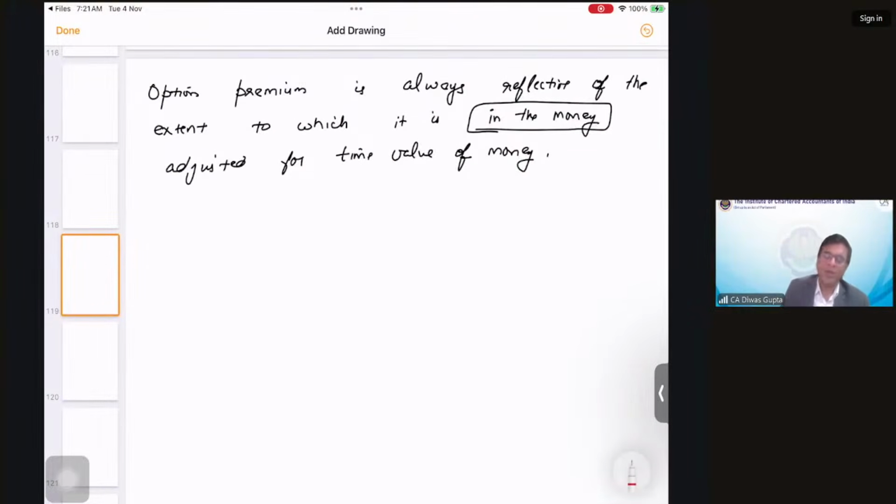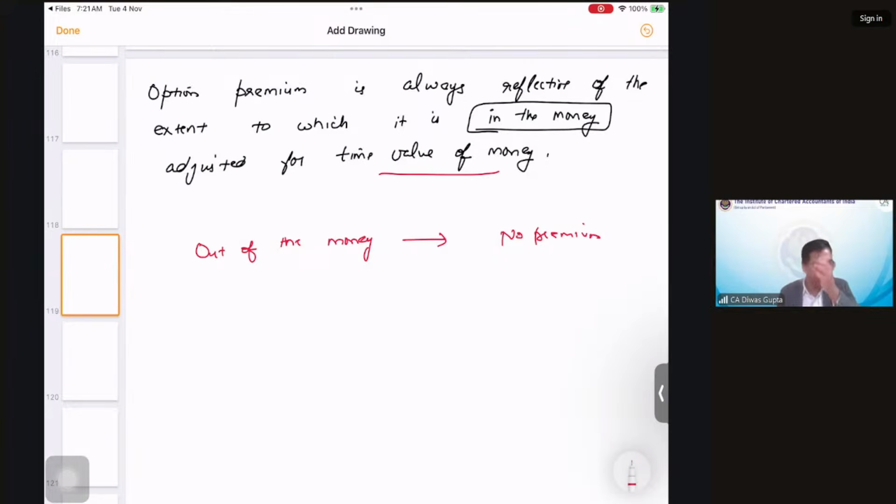Now, one more point. Option premium is always reflective of the extent to which it is in the money, adjusted for time value of money. So students, till now, you would have been able to make out that if the option is out of the money, that means there is no premium that is going to come, because the option is out of the money, right?